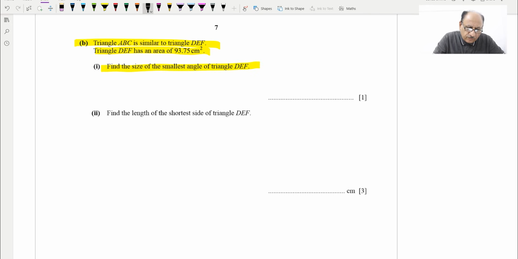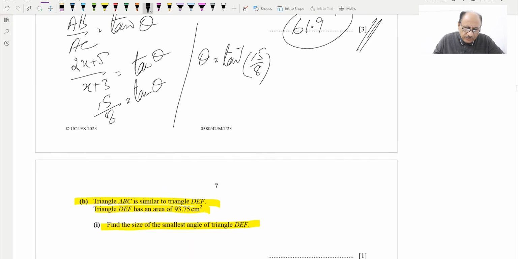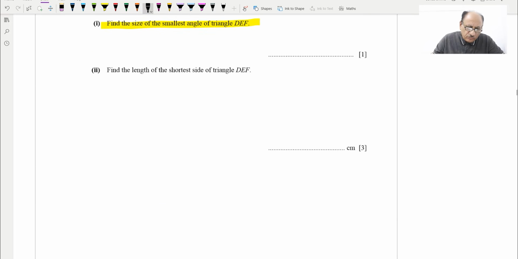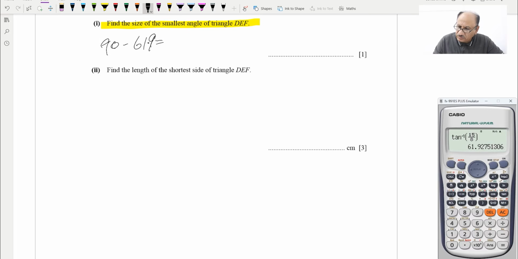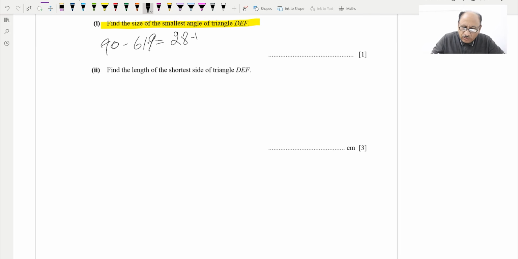So we calculated here 61.9, so we will write 90 minus 61.9, and this will be giving us the answer, which is 90 minus 61.9 is equal to 28.1. So 28.1, this is a 1 mark question. 28.1 is our final answer for this 1 mark.